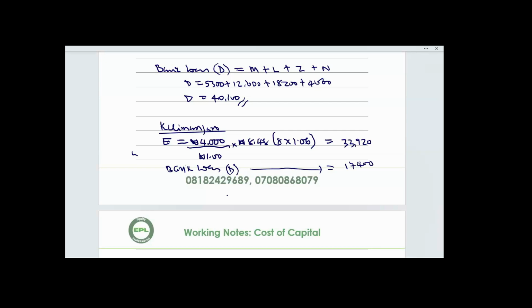So let's add the two together, because when we want to calculate WACC, we are going to need it. When you add these two, that gives us 51,320. That's the total value of Kilimanjaro.